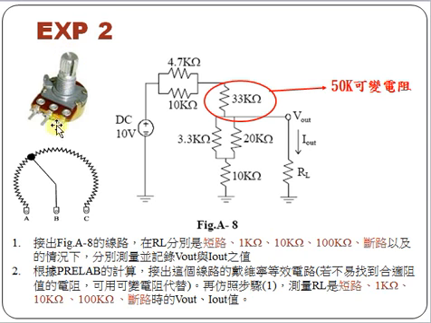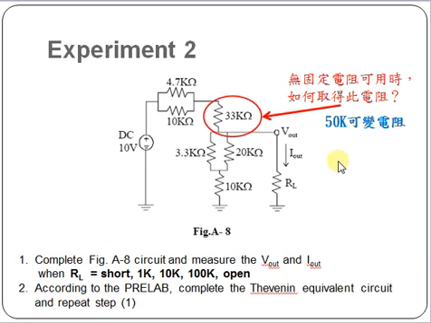Use your multimeter to ensure that you have the desired resistor value. After you completed the circuit, measure the V out and I out with different resistor. Then repeat the measurement on your Thevenin equivalent circuit. This experiment will make you understand the Thevenin open circuit voltage.